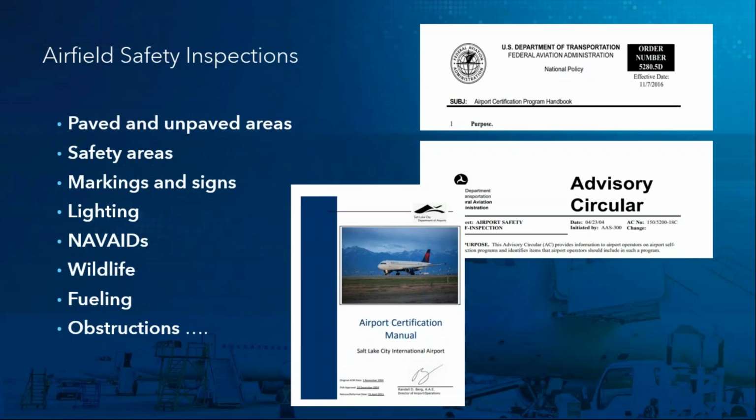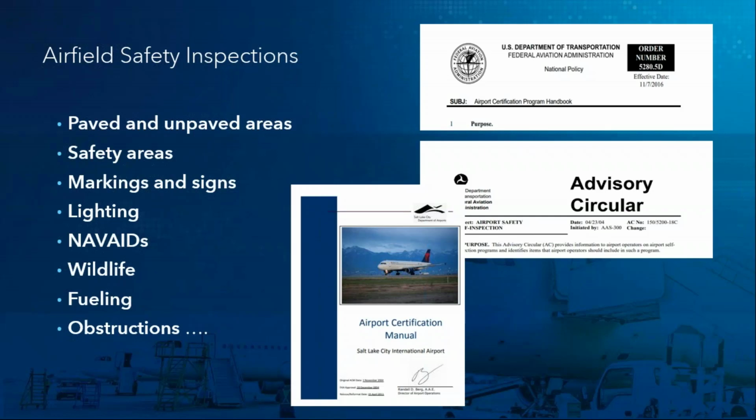Those are spelled out in the advisory circular that you can see there, which gives guidance to airports in terms of how to conduct their safety inspections. And finally, each airport needs to prepare their airport certification manual, which lays out the entirety of the airport's safety-focused procedures. We've put an example from Salt Lake City in the slide.